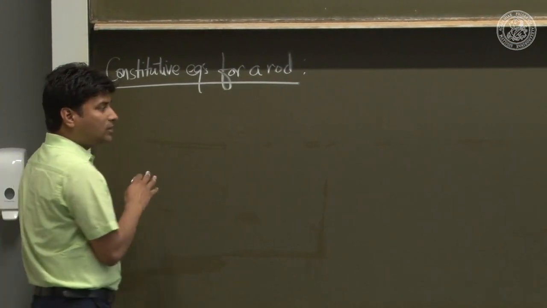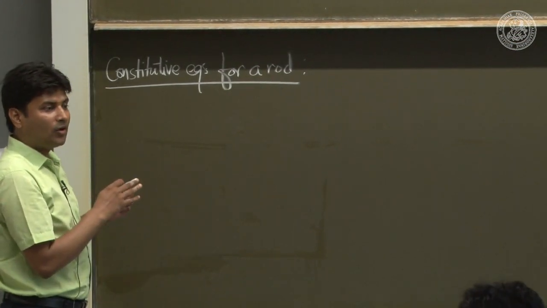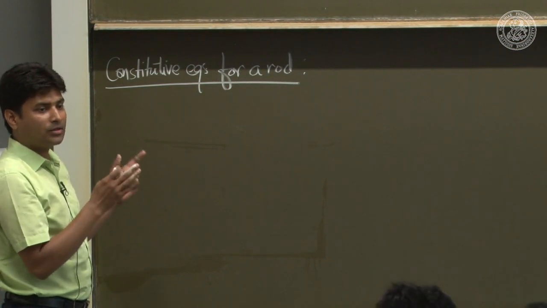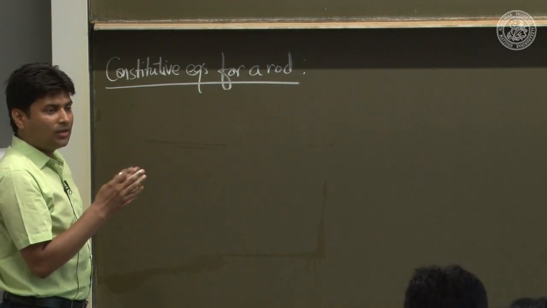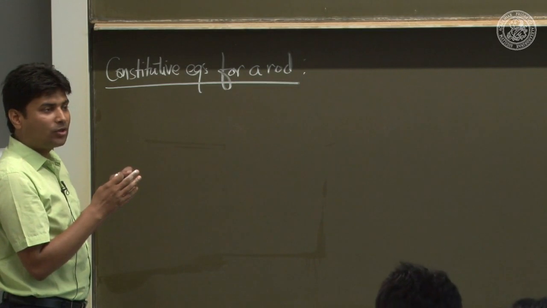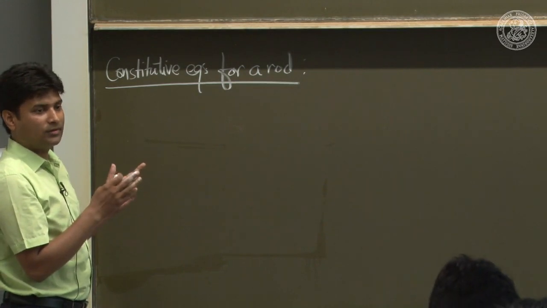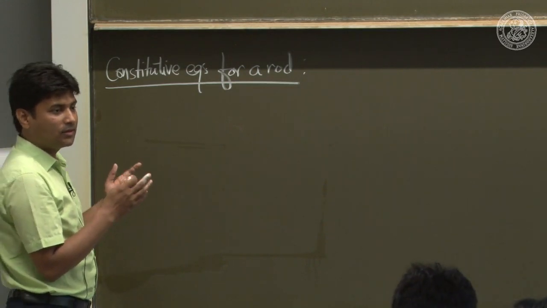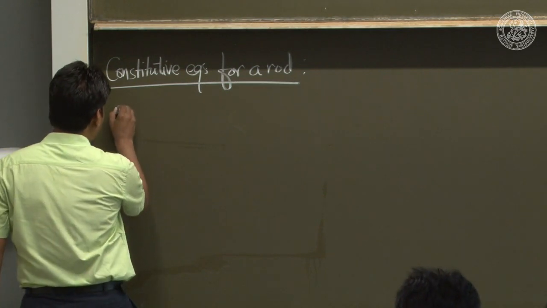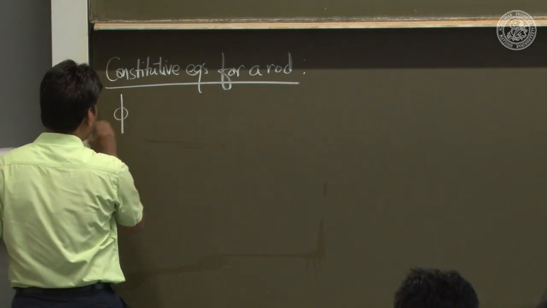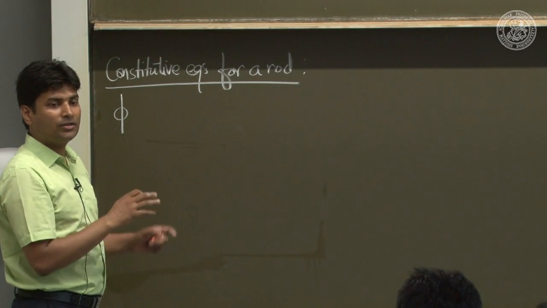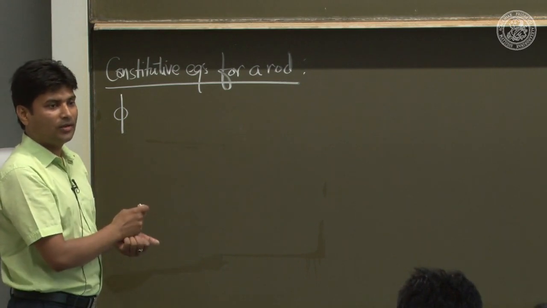So, assuming that the beam or the rod is hyperelastic, we can always think of an energy function, right, which will give you the strain energy stored in the rod.